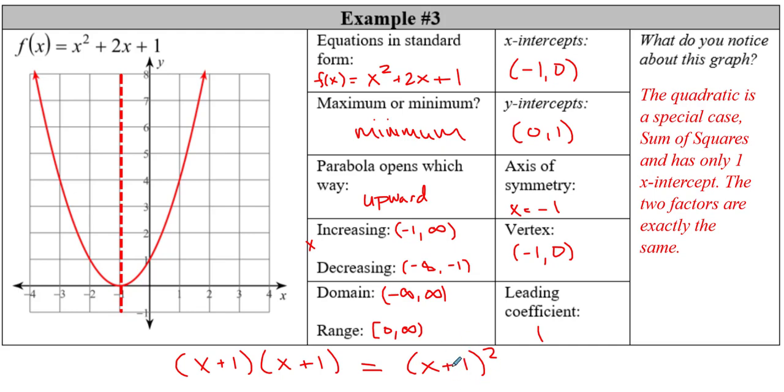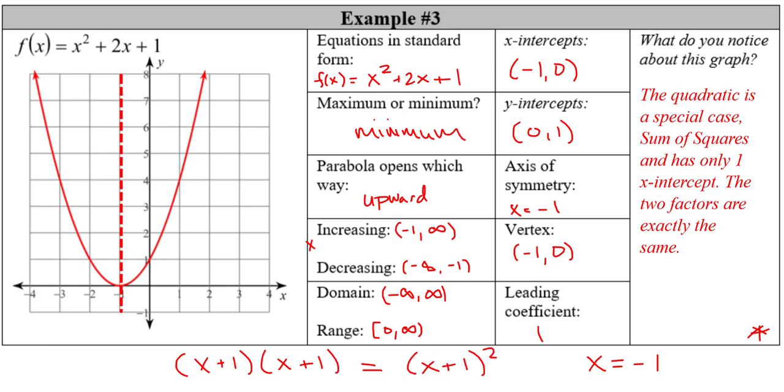If we were doing our zero product rule from our last section, we would find out that we have a zero of -1. Remember, our zeros are where our graphs touch the x-axis. So this is the reason why there is only one. I'm going to put an asterisk next to here because this is very important to remember.